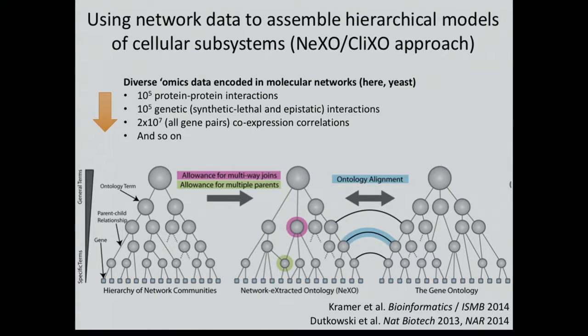So we can do the same with the gene ontology alignment. And here we didn't invent any new algorithms, but there's already, it turns out, a collection of ontology alignment algorithms, not in bioinformatics, mind you, but in other disciplines of computer science that we could avail ourselves of.